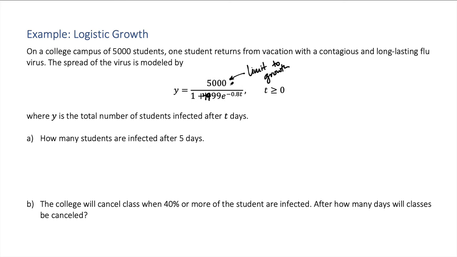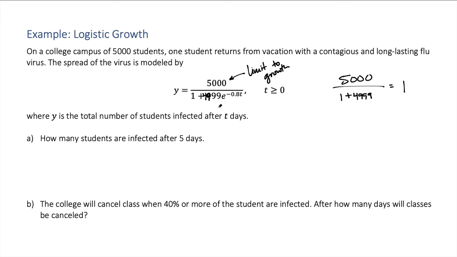And our initial value is 5,000 over 1 plus 4,999. That makes sense as well because that's 1. There's 1 student that returns from vacation with this virus. So there's our model. It makes sense to us.